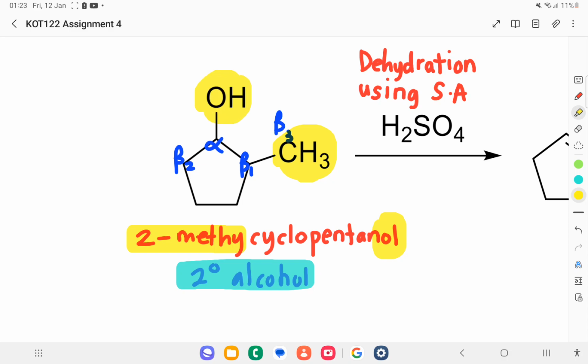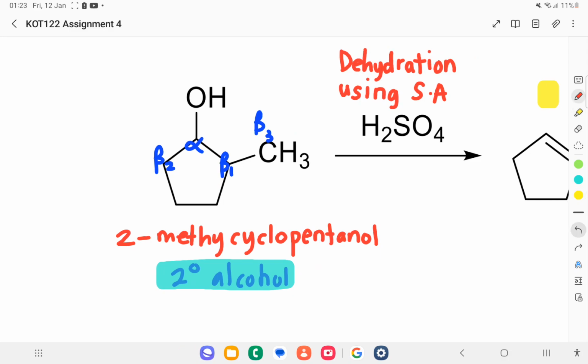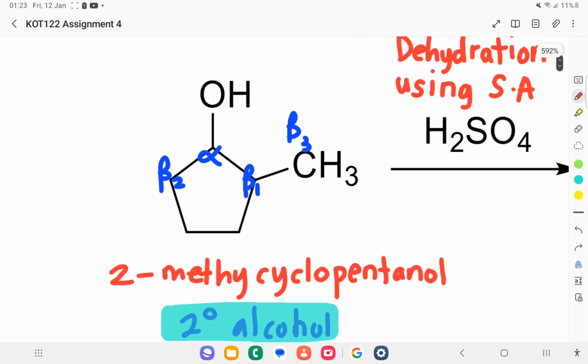So we number the first carbon that has OH. This becomes our first carbon, which is the alpha carbon, and then this is the second carbon, the one bonded to methyl, and then the third carbon, and the fourth, fifth.